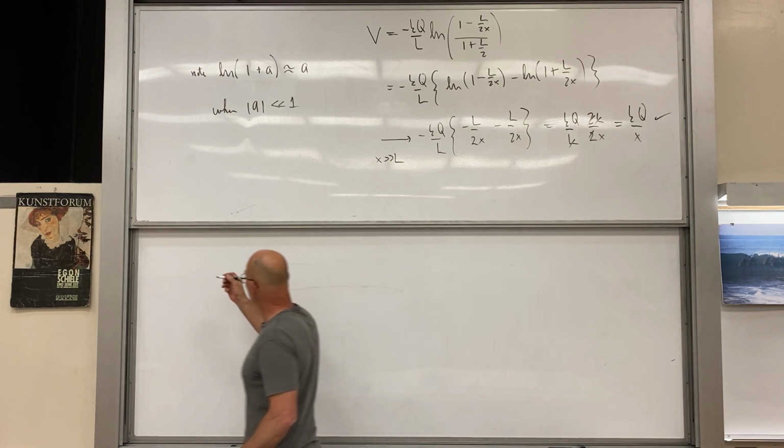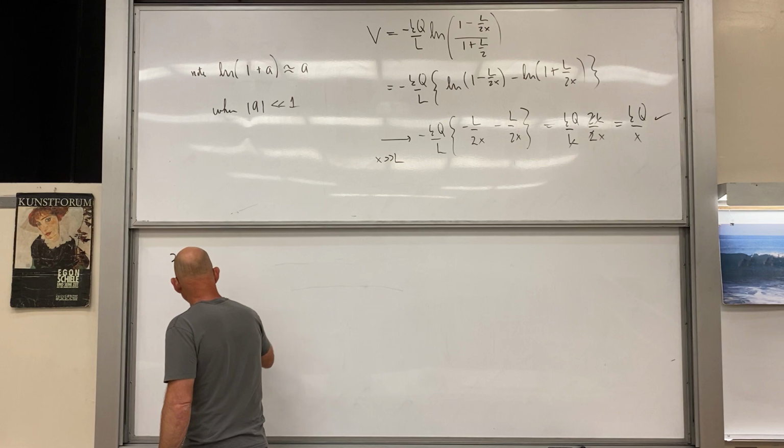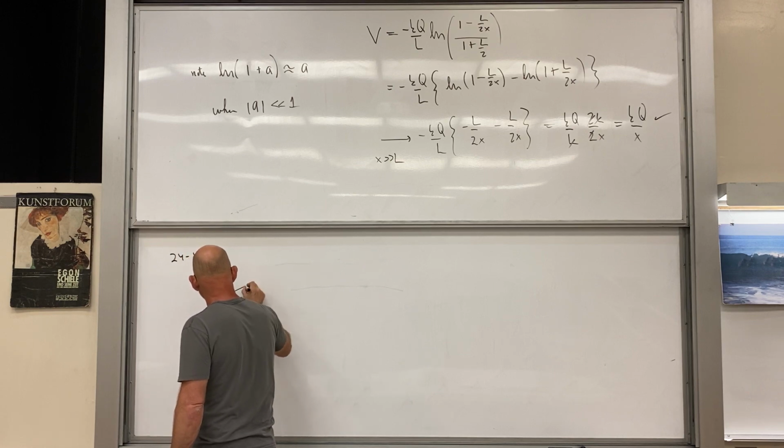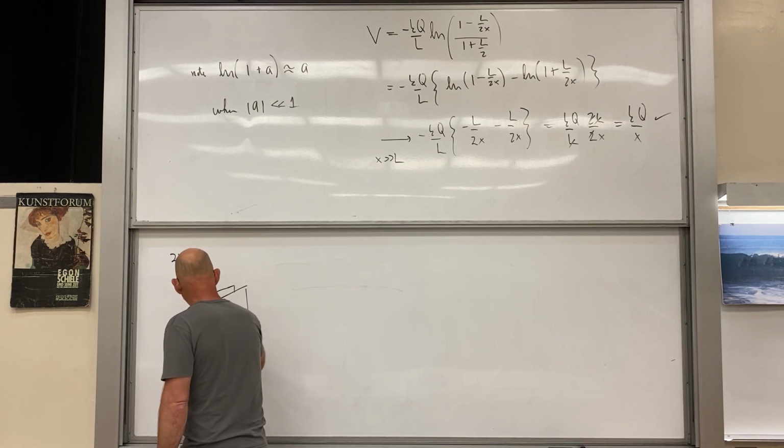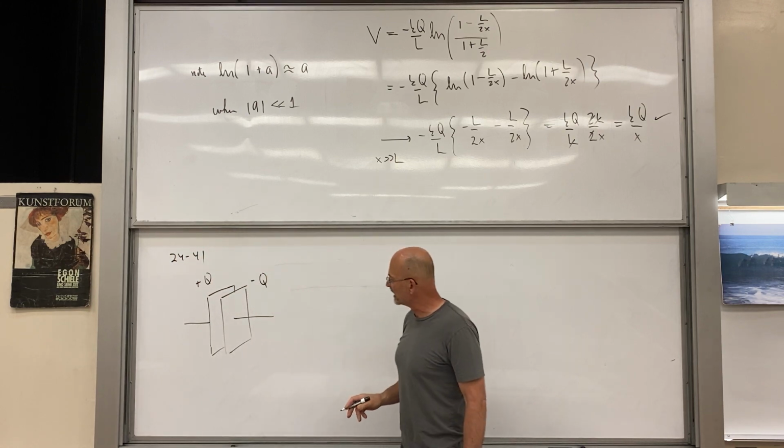So for 2441, remember we've got that parallel plate capacitor, I'll draw it. And we can have a charge plus Q and minus Q distributed uniformly on it.